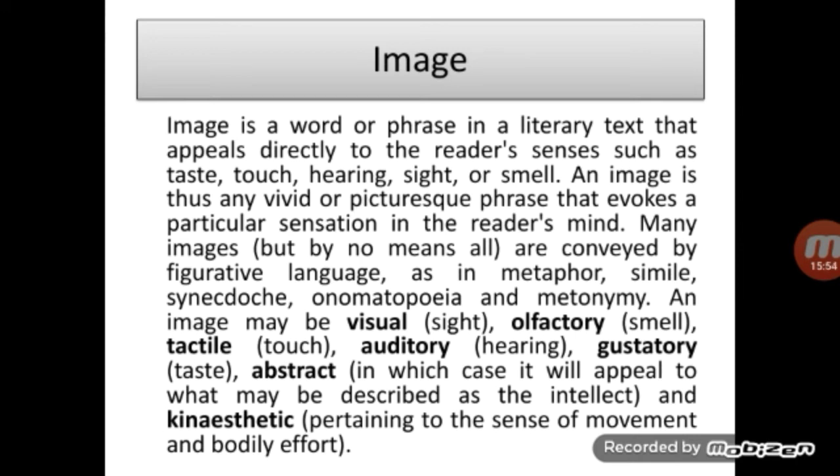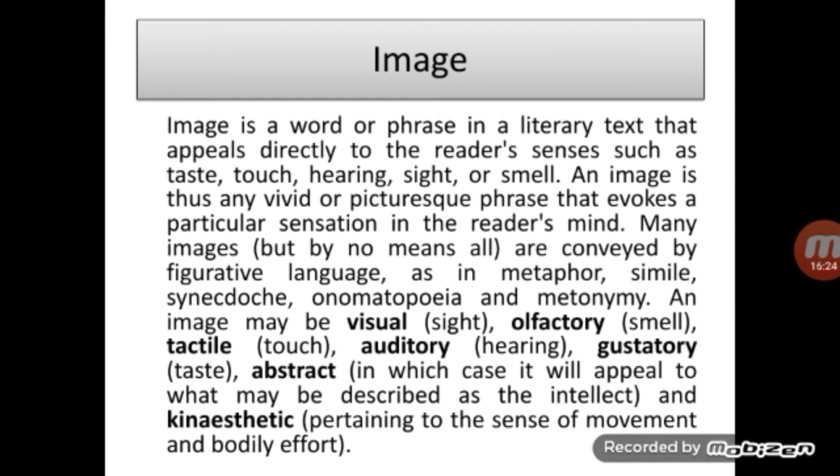An image may be visual, pertaining to sight; olfactory, pertaining to smell; tactile, pertaining to touch; auditory, pertaining to hearing; gustatory, pertaining to taste; abstract, in which case it will appeal to what may be described as the intellect; and kinesthetic, pertaining to the sense of movement and bodily effort.